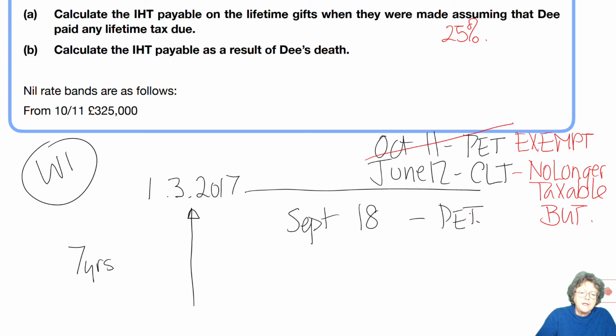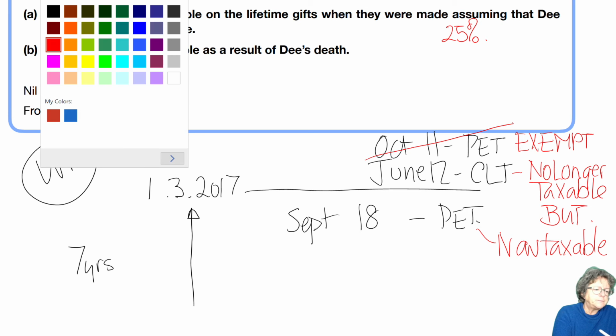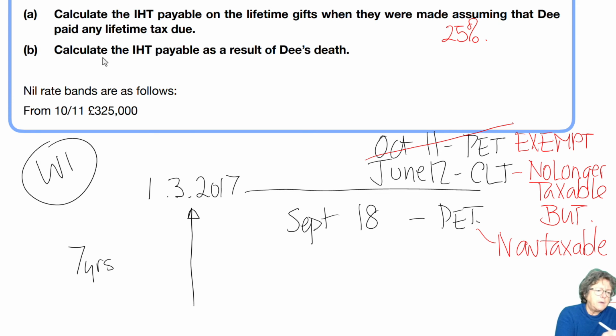Okay, this PET is now taxable, and I have got to revisit that position with that PET, taking into account, I'm going to go for a third colour here. What colour should we go for? Let's go for a bright green. No, it might not show up. Let's go for a green.